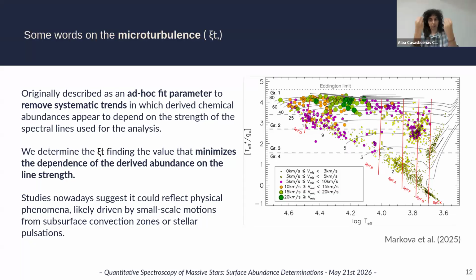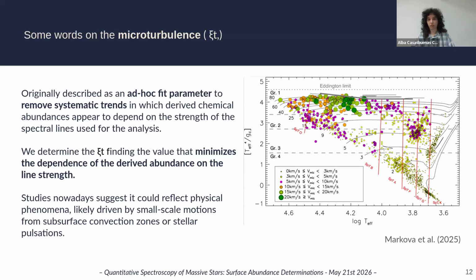So we determine this value of microturbulence by finding the value that minimizes the dependence of the abundance on the line strength. Because of course, if we're determining the chemical abundance of an element in a star, we want it to be the same no matter what lines we're using.